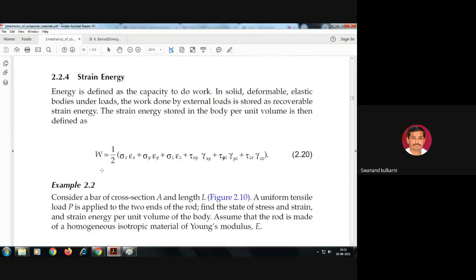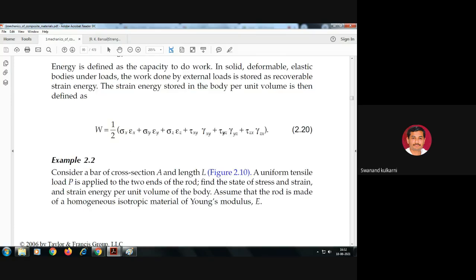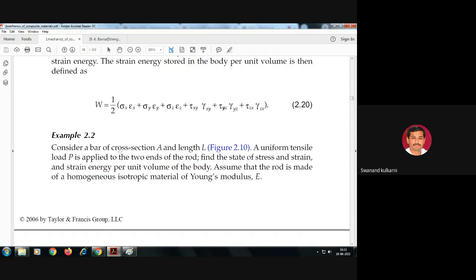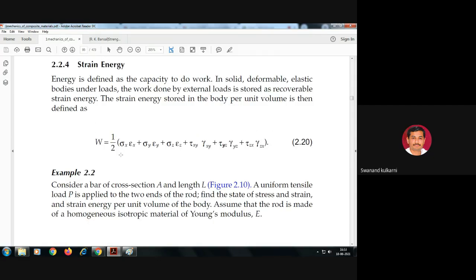We know how we have calculated the strain energy: the multiplication of stress and strain, sigma x, sigma y, sigma z, like this. In general, whenever we calculate the strain energy, we use the equation sigma square V upon 2E.